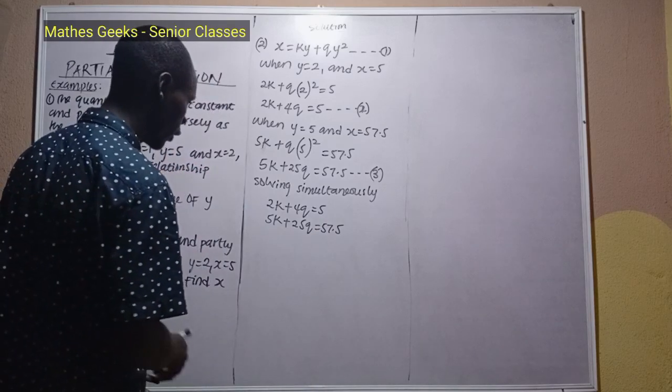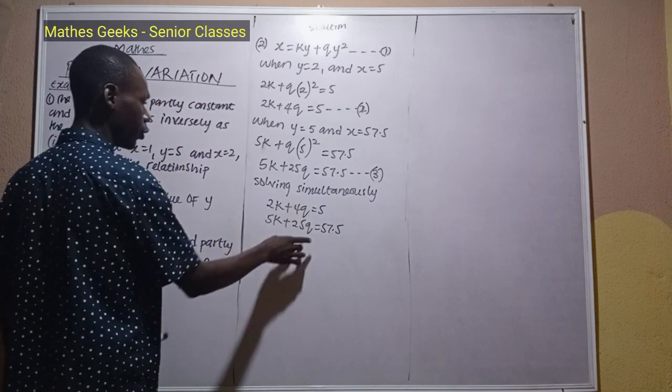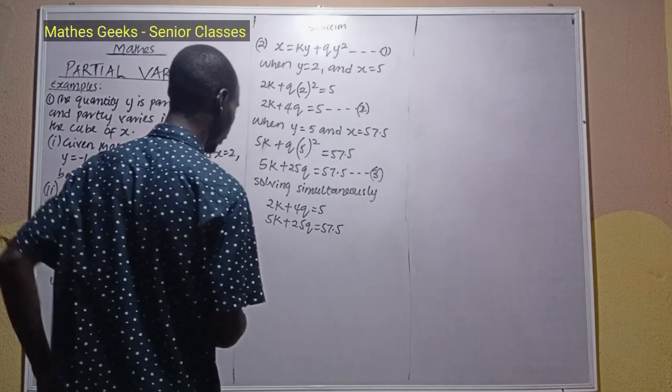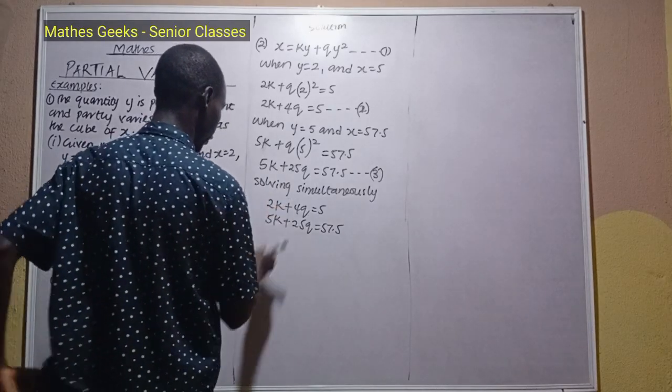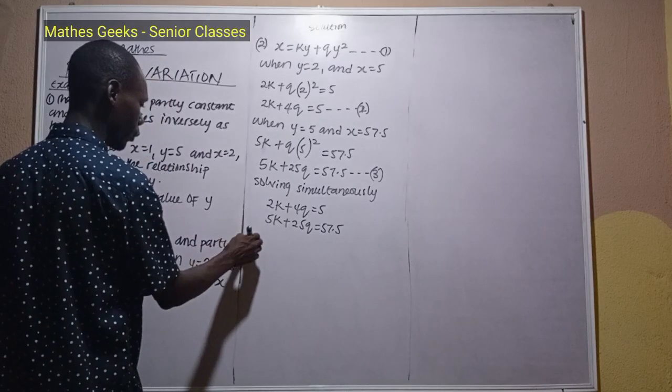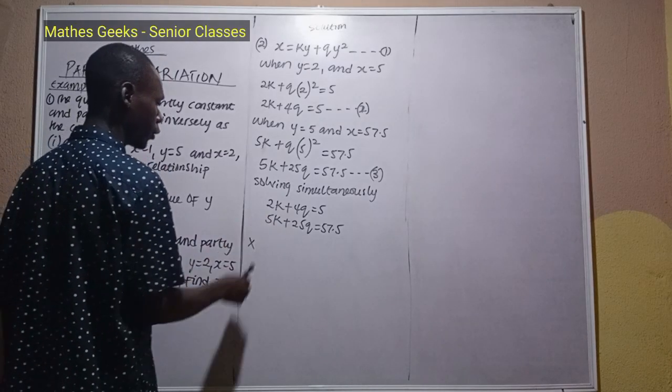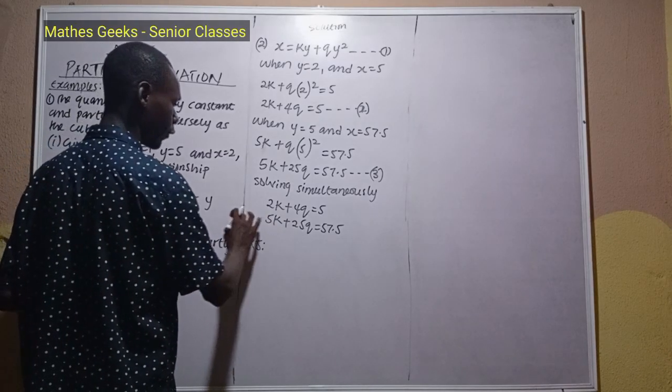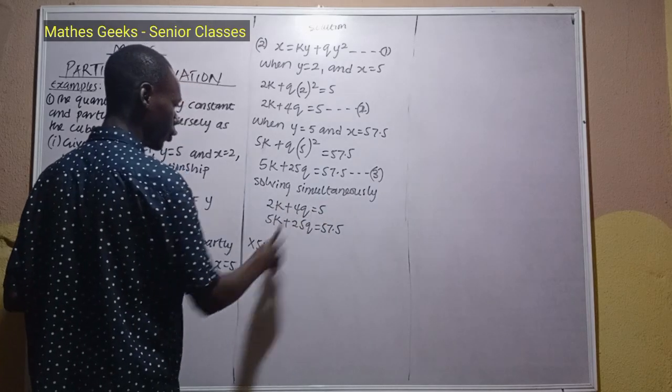Well, in this form, we cannot eliminate any of the variables, so I'm going to make them alike. I'm going to eliminate k. To do that, I'm going to make the coefficients of k the same. So I'm going to multiply equation 1 by 5, and it's going to affect everything in equation 1.